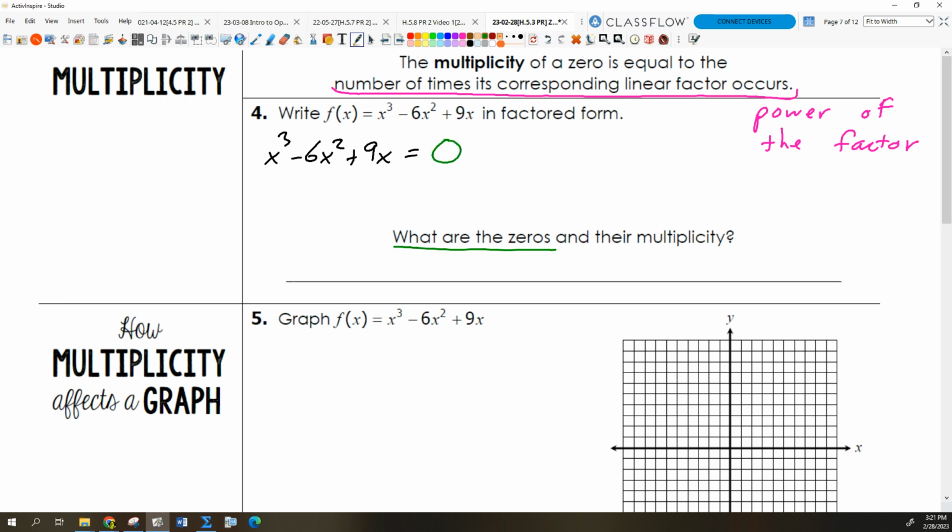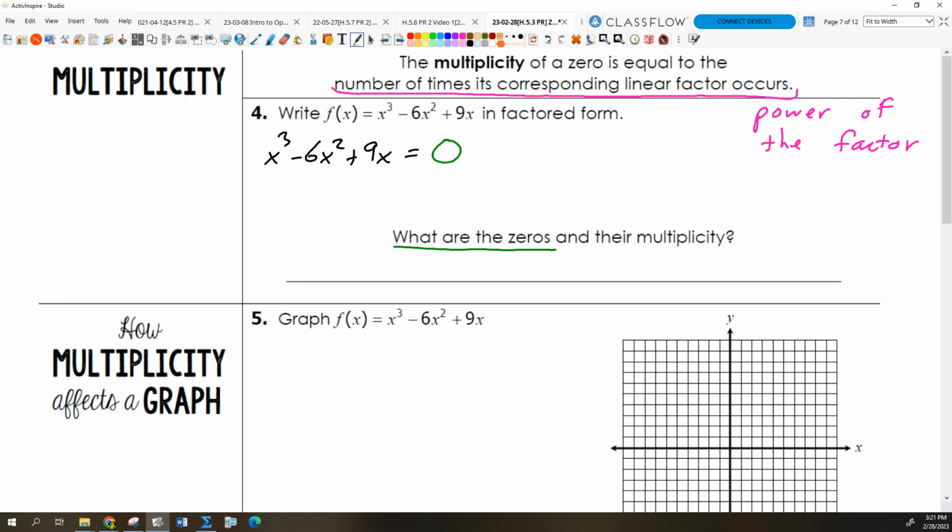Those are the zeros. Well, how would I solve this equation, do you suppose? I've got to factor it, don't I? We had a quadratic formula, right? But this isn't quadratic, so we've got to factor this, okay?